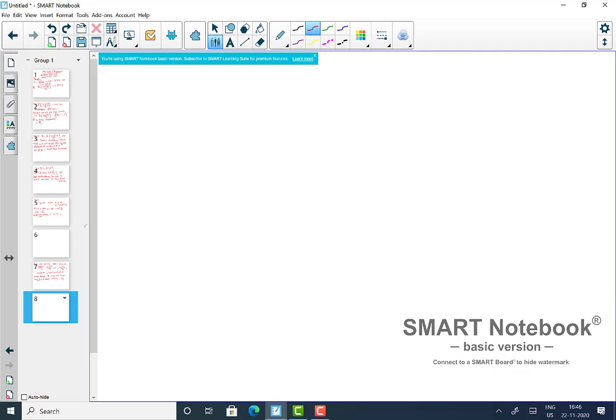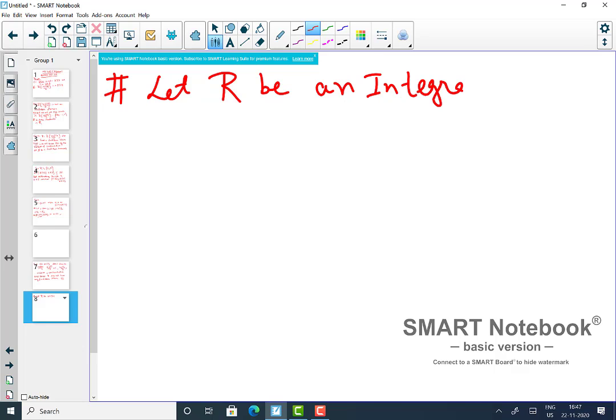Okay, so let me discuss this issue. Let R be an integral domain. I can define it for an integral domain actually.